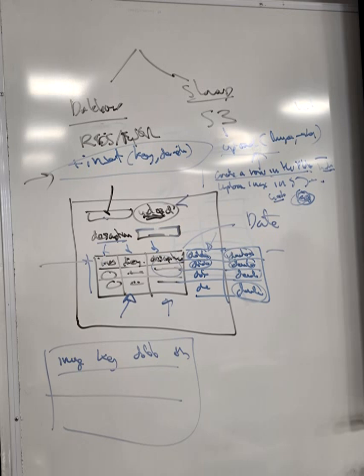Another way is to take the database as the root source. Then it's different. You first call lambda get photos db.